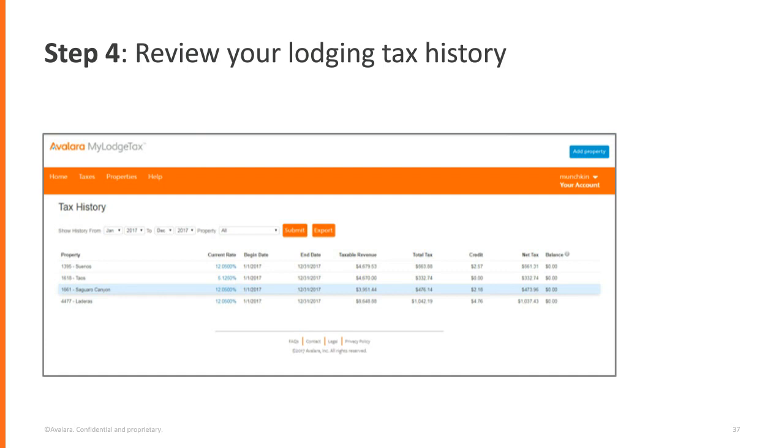You can filter your tax history page by property, by date, and so really some good tools to help you organize and review and reconcile your past payments and the revenue history that you've been reporting. People print this out, give it to their accountant, and then he can take it from there.